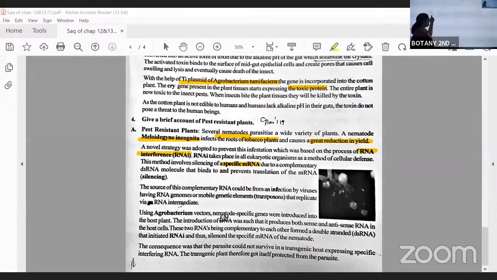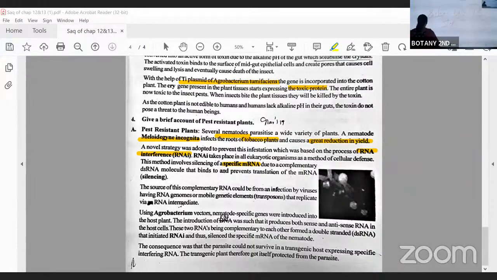Same thing here, silencing. You don't write all those things. Silencing means it stops the action of the mRNA for a period of time. Silencing mRNA means it makes the mRNA inactive for a period of time, which stops the translation process, which is very important over here.